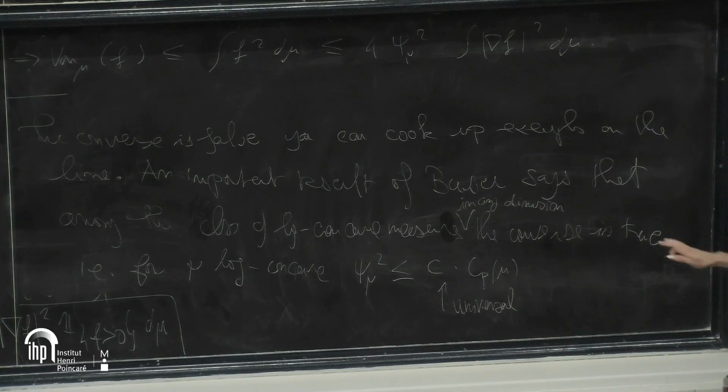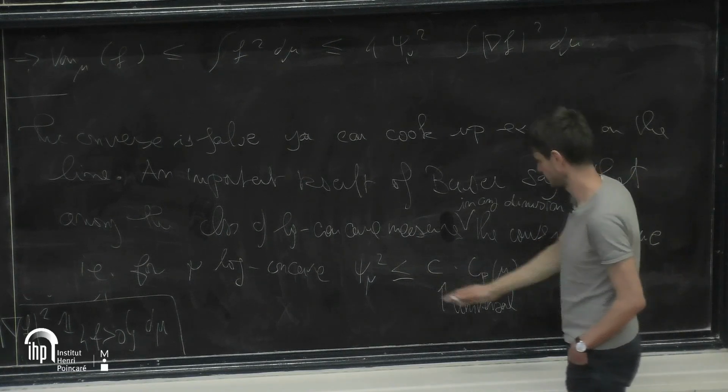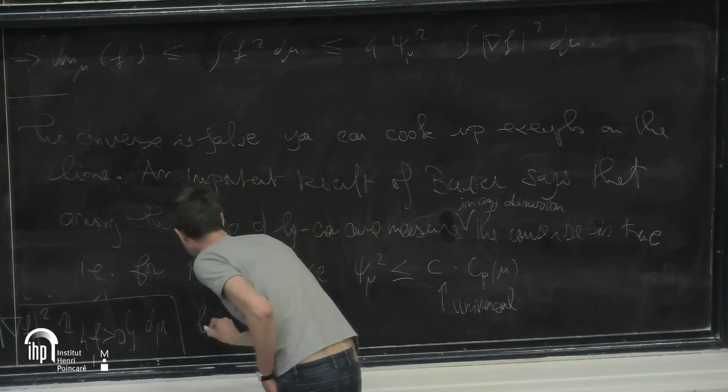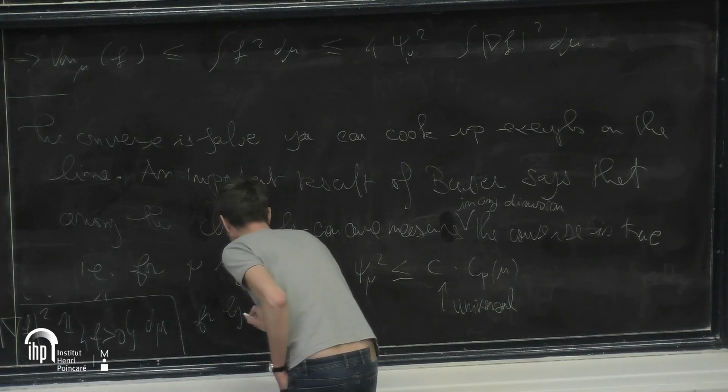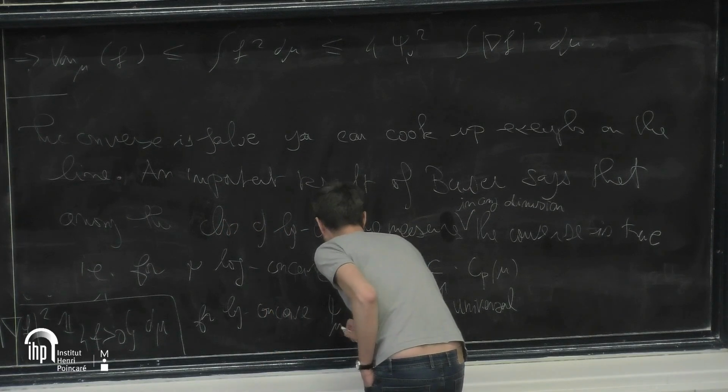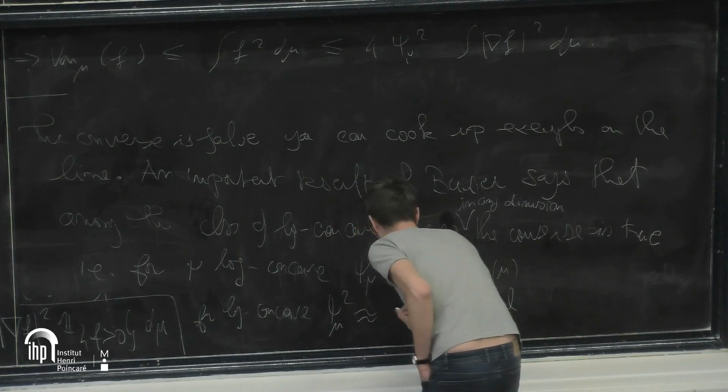So I want to discuss a bit these Bobkov results, and actually I will show you that much more is true than just this. So for log-concave, psi of mu squared is more or less the same as Cp of mu.